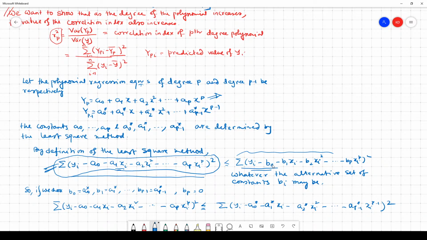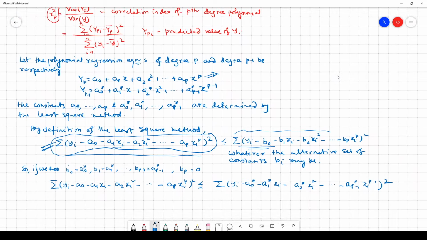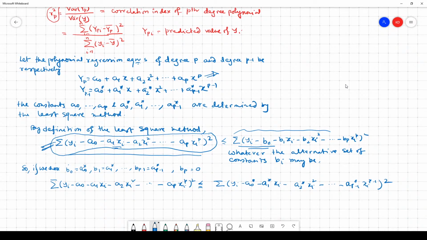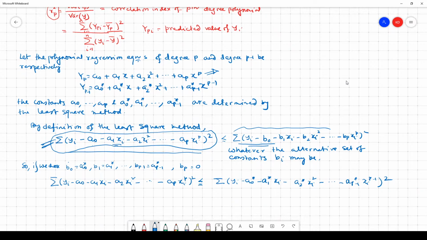So if we choose b0, b1, ..., b(p-1) and bp as follows, this choice is different from a0, a1, a2, ..., ap, and the left hand side should be less than or equal to the right hand side. Please tell me if you still have any doubt.